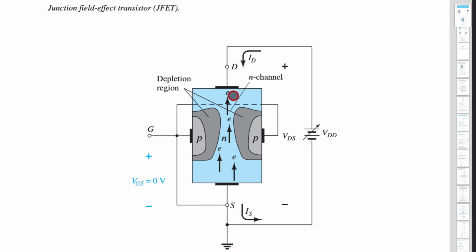Because of that, electrons will be pulled from this end to this end because this is positive, and since this is negative, electrons will be repelled. So electrons will go in this direction and current will flow in the opposite direction. Note that ID is the same as IS because it is in series. There is no parallel path or division here for the current.